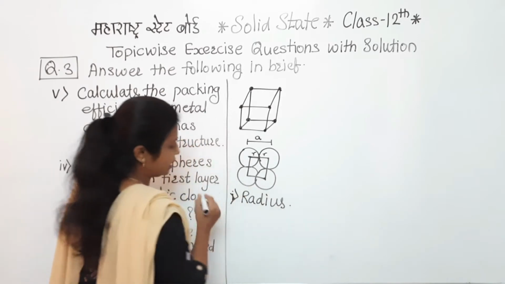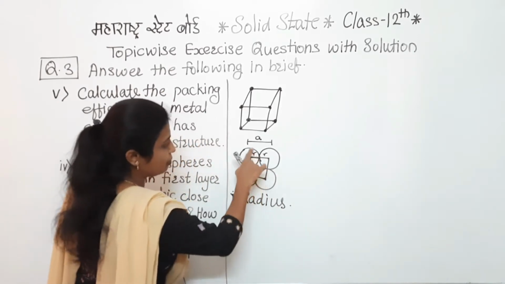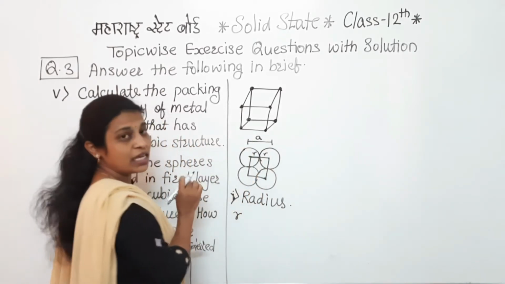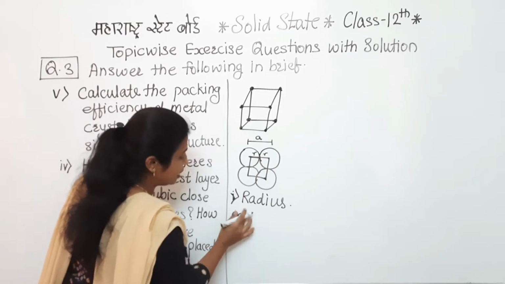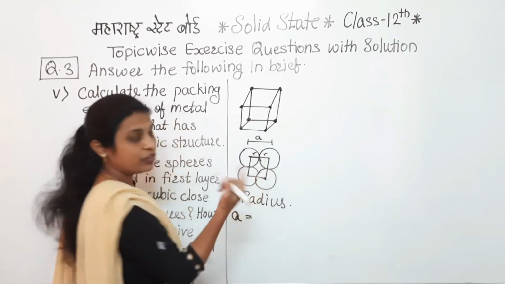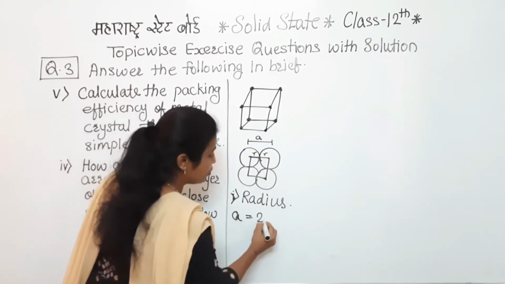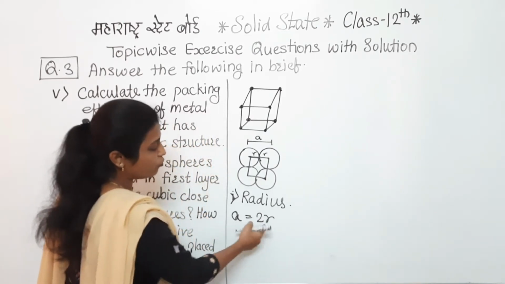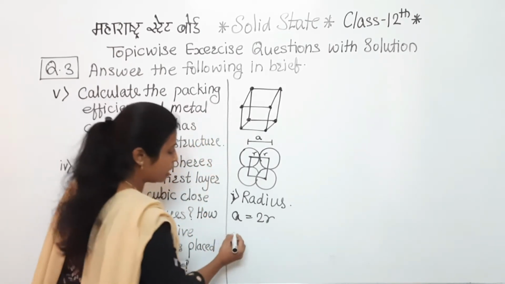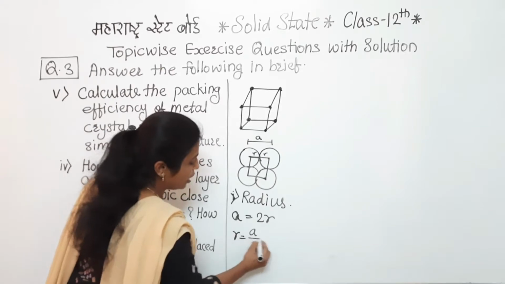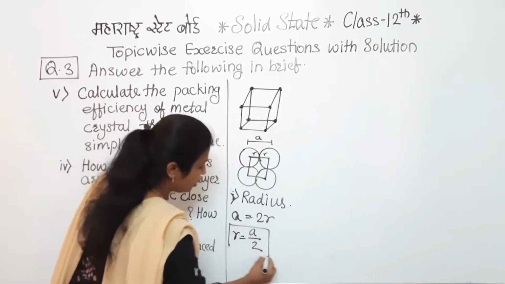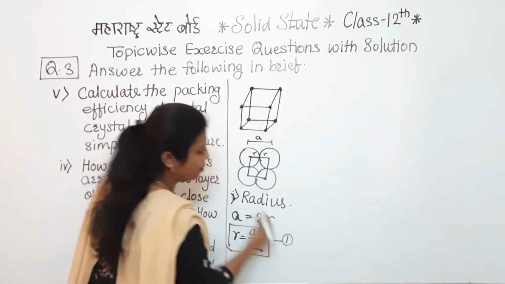If we consider a as the edge length, that edge length is double the radius, meaning a is equal to 2r. From that formula we can write the radius formula also, that is r is equal to a by 2. So here we are writing that as equation number 1.